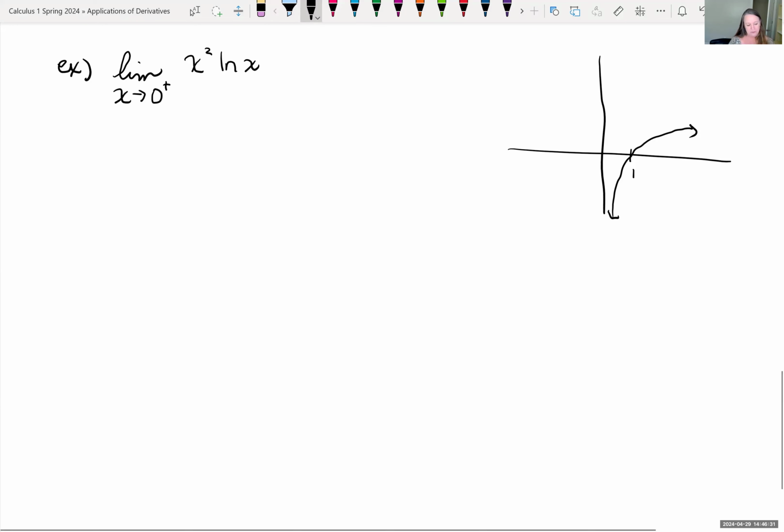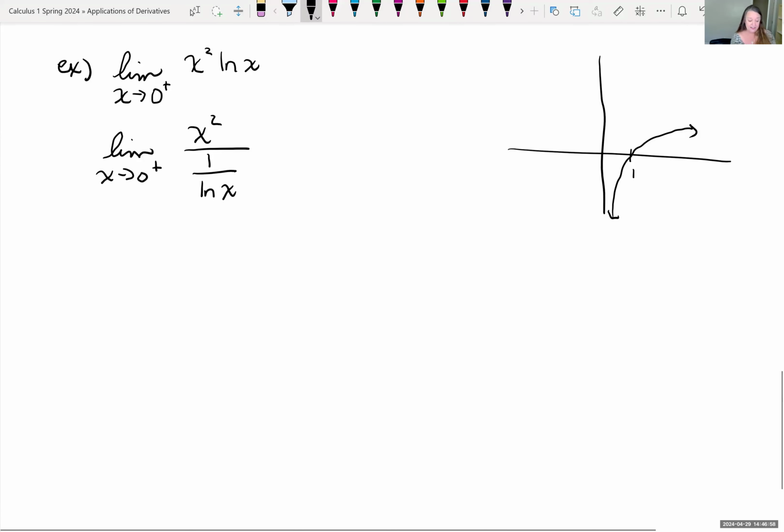So we want to manipulate this so we can rewrite it, maybe as 0 over 0. How about the limit as x goes to 0 of x squared all over 1 divided by the natural log of x.